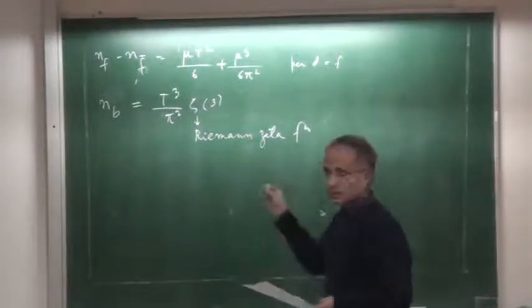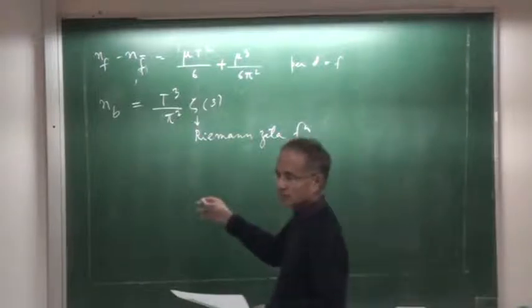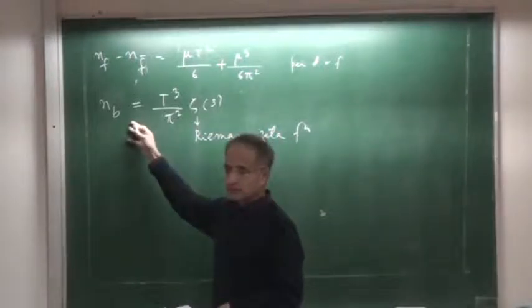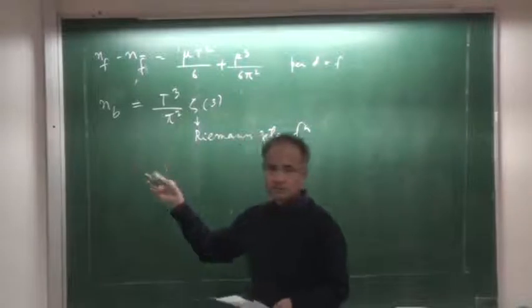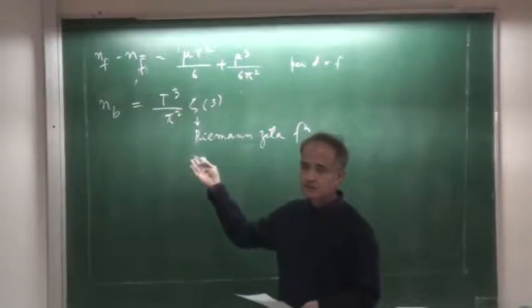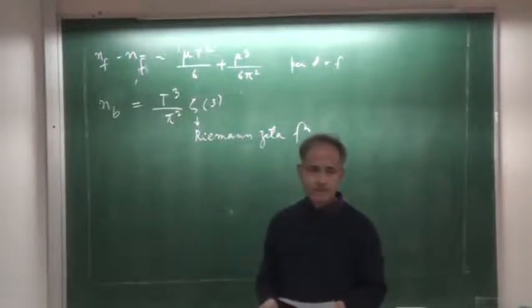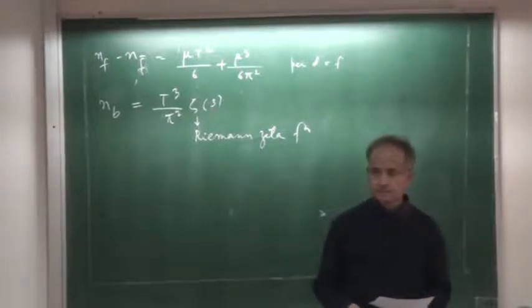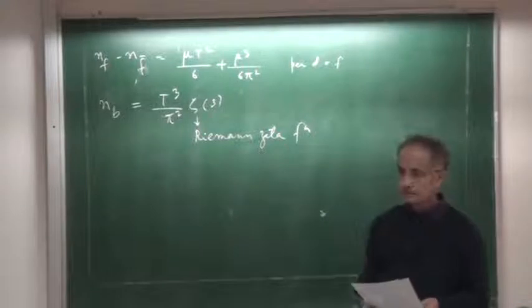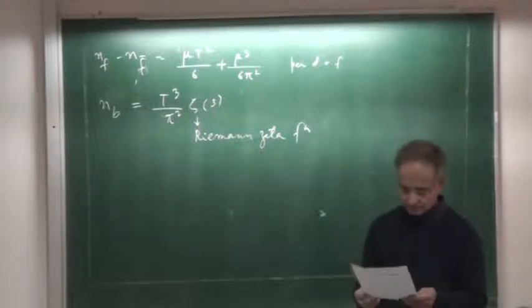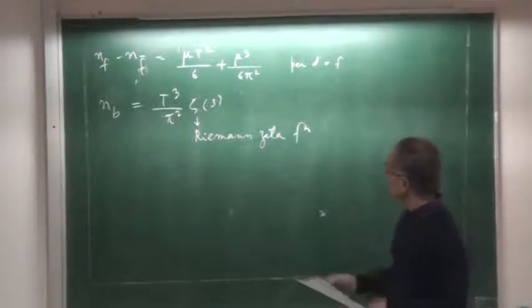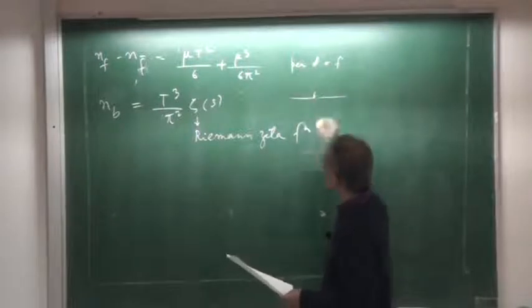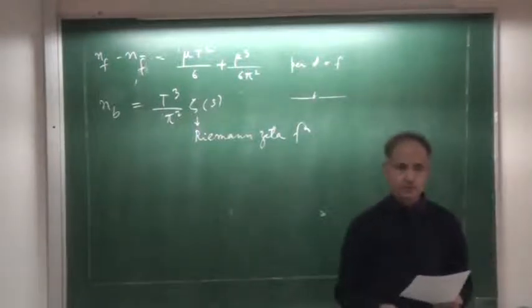But the number of bosons is not conserved, and this applies to photons also. Number of photons is also not conserved. And what is this number? Does it make sense?